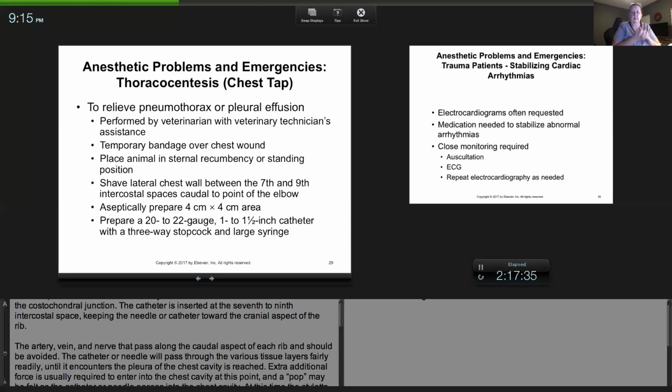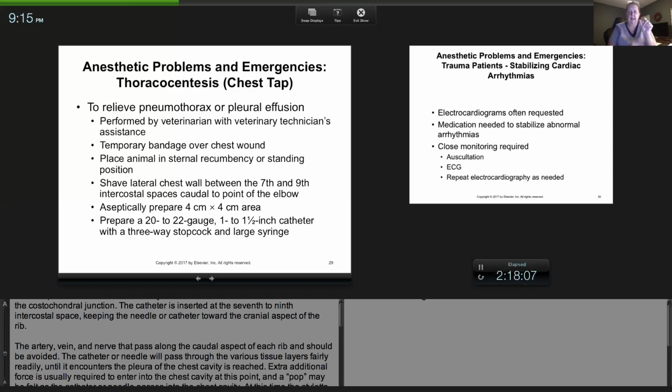But we also have to use, I think this is funny, a 1 and a 1.5 inch catheter. The doctor I used to work for, my criticalist, is probably my favorite doctor I've worked for. He used a 14 gauge 5-inch catheter because if you think about the thickness of the chest wall, you have skin, fat, muscle, two layers of muscle, and then the chest cavity.